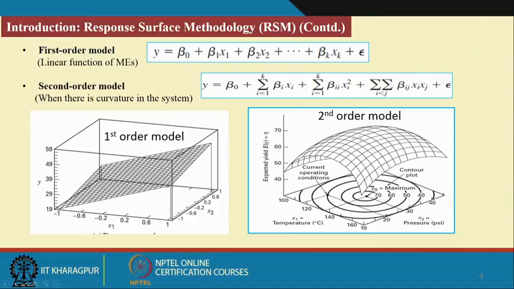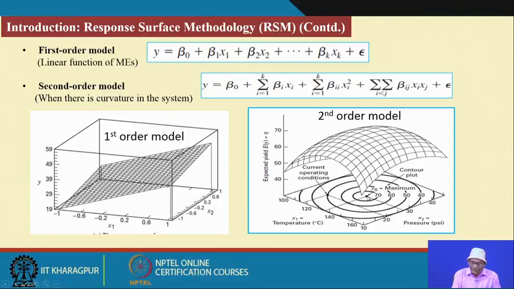If your second order model is fit, then you see the contours differently. This is the first contour, y is 70, this is the second contour, y is 60, this is the third contour, y is 50, the fourth contour, y is 40, like this. The reason is the maximum value is somewhere here.